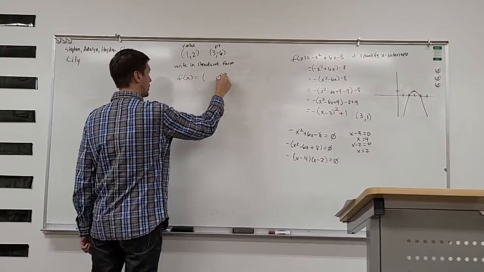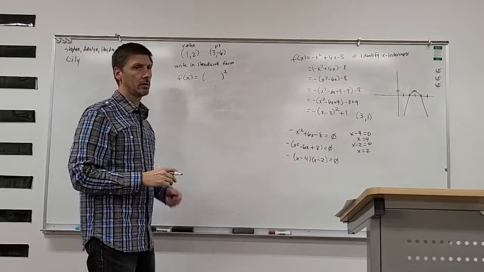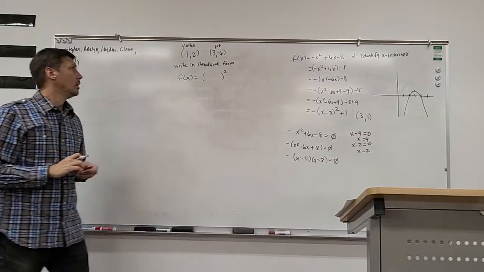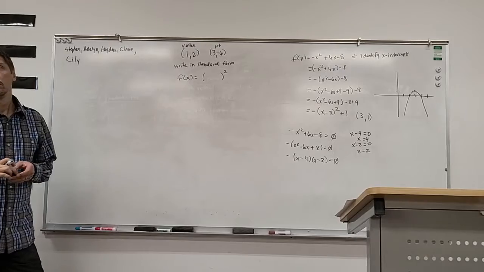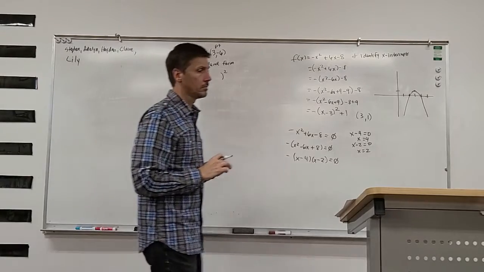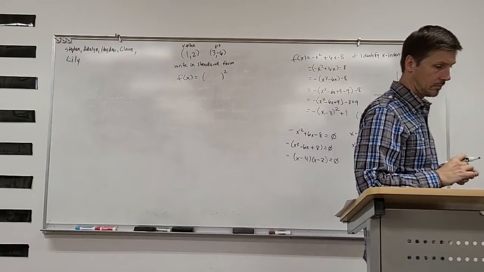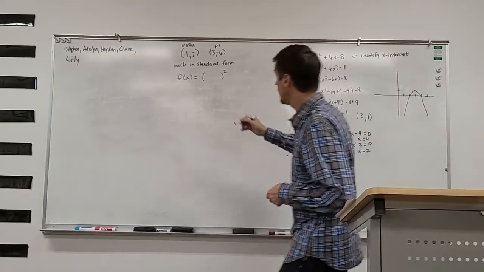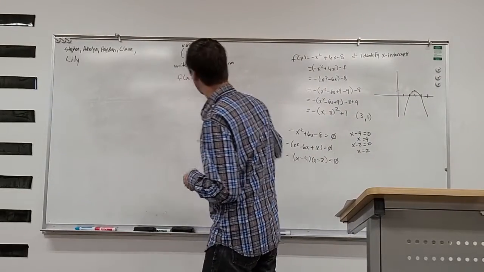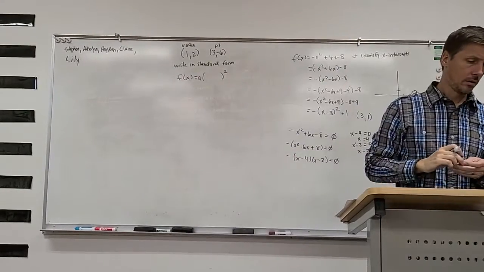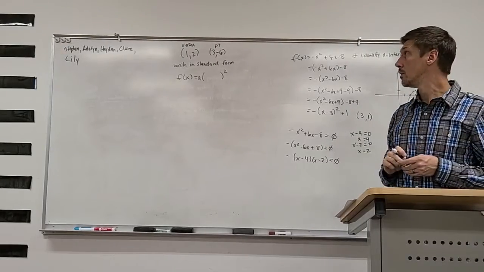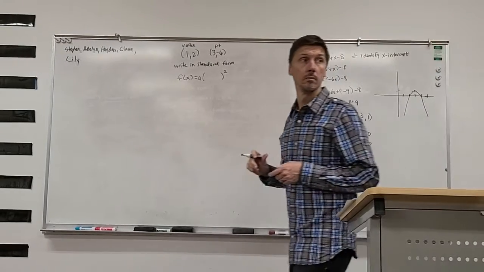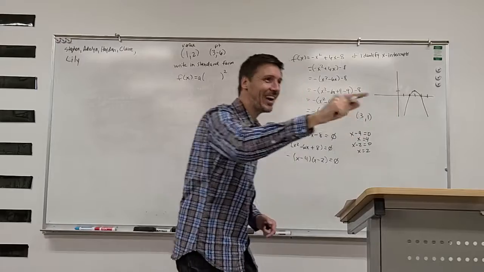Somebody tell me what's going to go inside this part of it. I'm going to put my a in the front here. So we don't know the value for a yet. What's going to go inside there? So x. Yes, you got it.